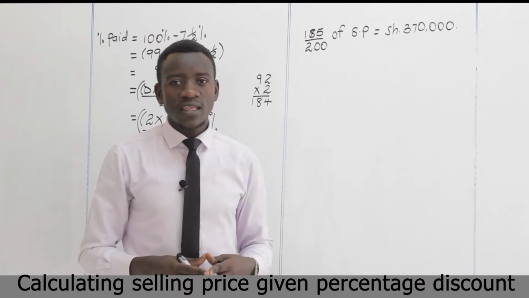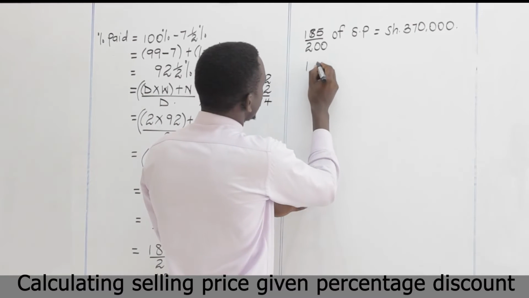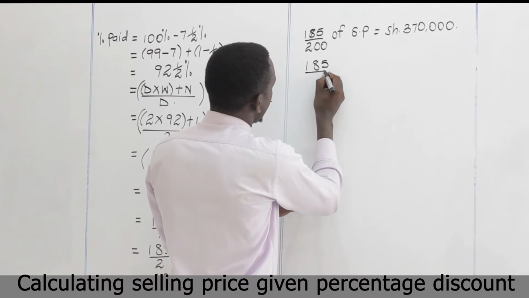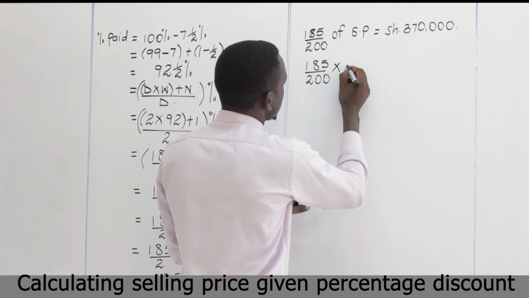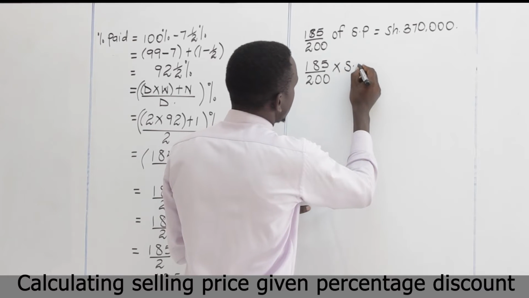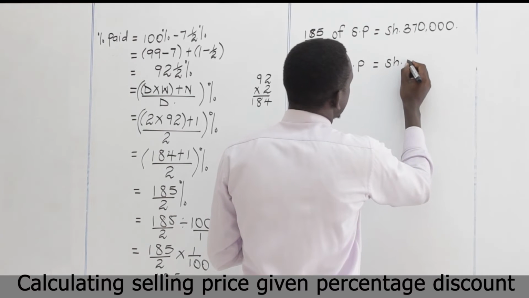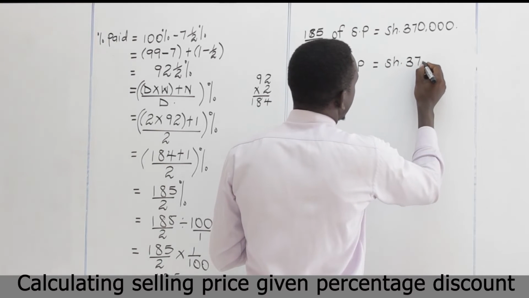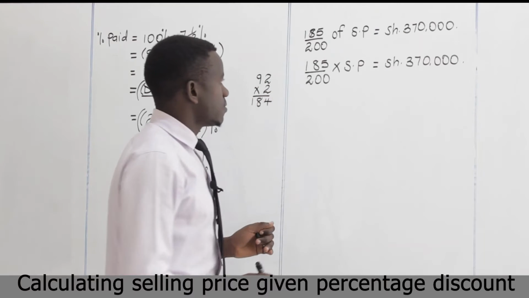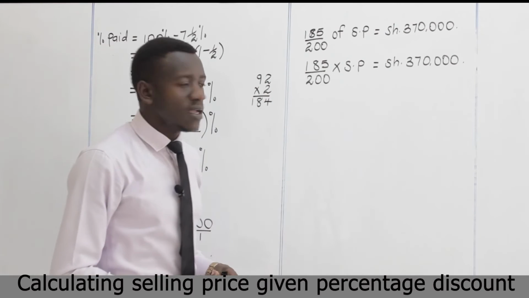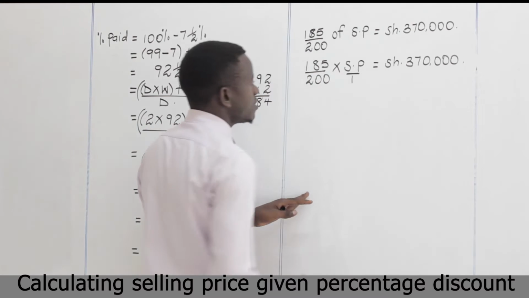So after there, we shall have 185 out of 200 of, which means multiplication, selling price, which is equal to 370,000 shillings. We shall have our whole number as selling price out of 1 to make it as a fraction.